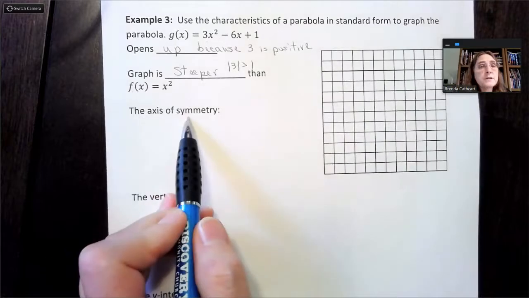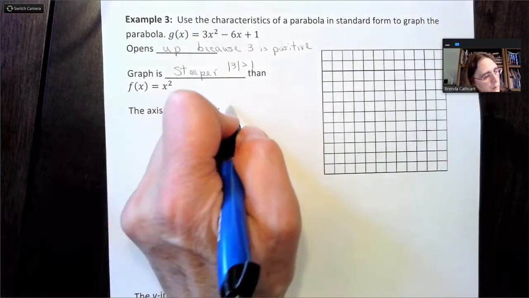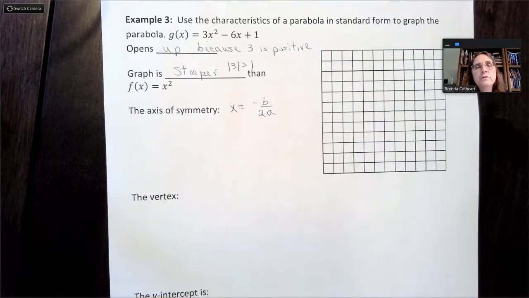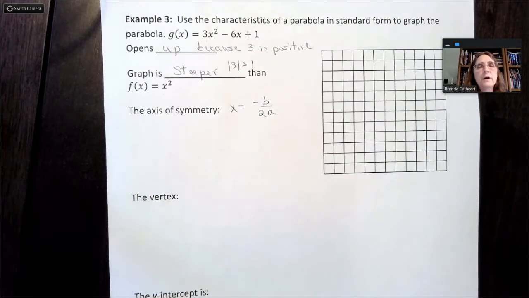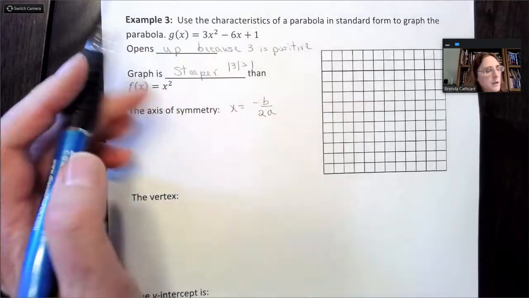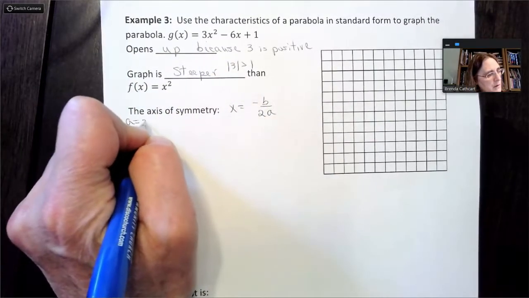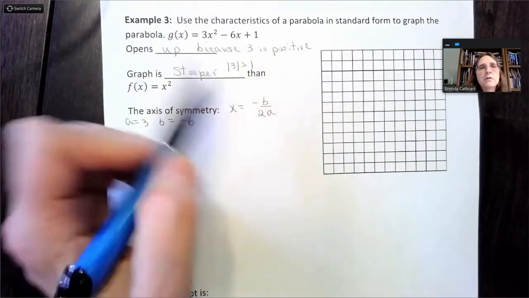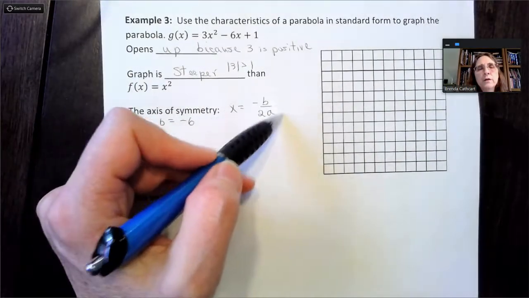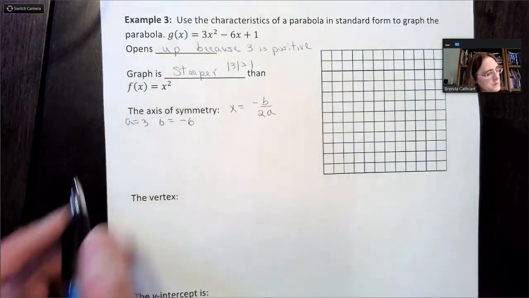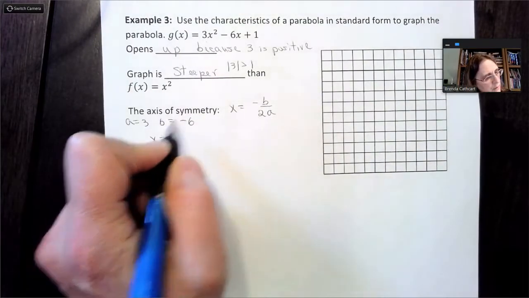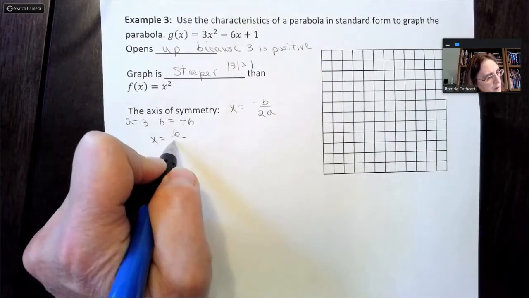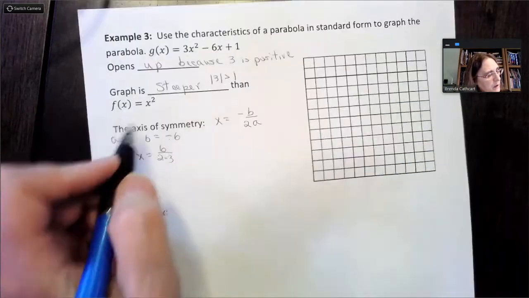Our axis of symmetry is found by using the rule x equals negative b divided by 2a. So I need to identify the a and the b. The a is 3. The b is negative 6. Using those in our rule, we get x equals the opposite of negative 6, so positive 6, divided by 2 times 3.